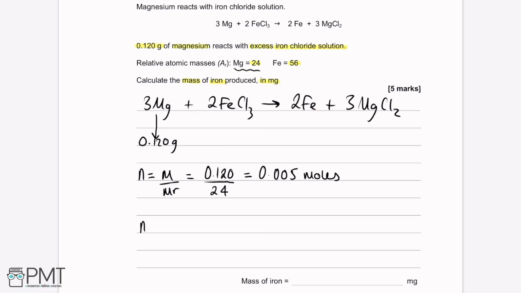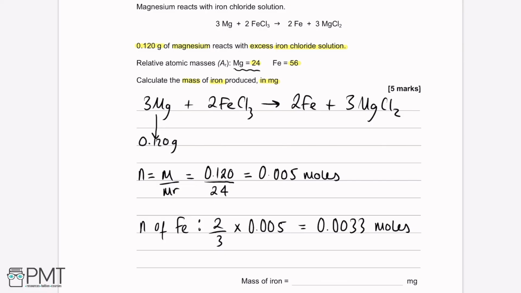So the moles of iron is going to be 2/3 of the moles of magnesium, which is 2/3 times 0.005. And again, putting that in your calculator will give you 0.0033 recurring moles. So that's the moles of iron.